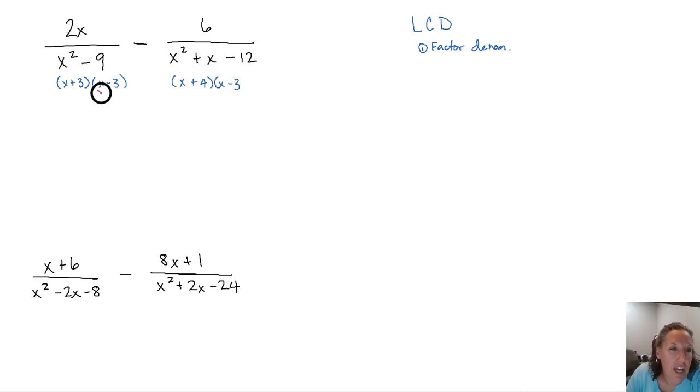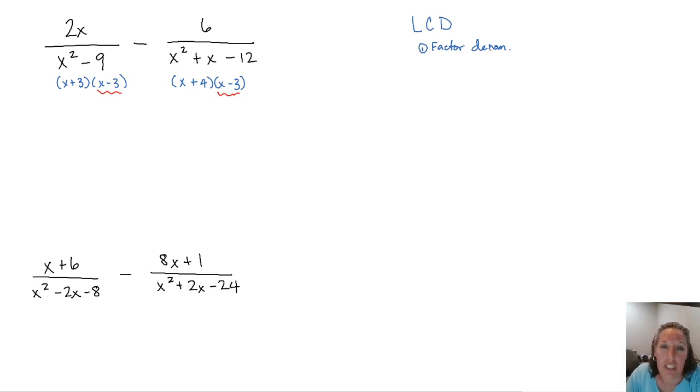Now notice we've got an x minus 3 in both of our denominators. We only need one x minus 3 at a time because that's all we have in a single fraction. And so we always want to use the largest power that shows up for each factor.